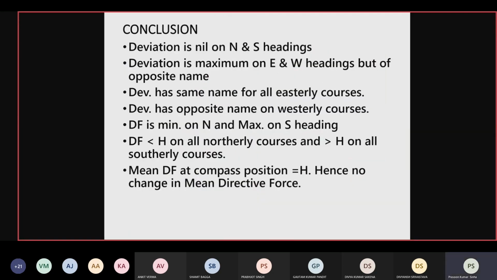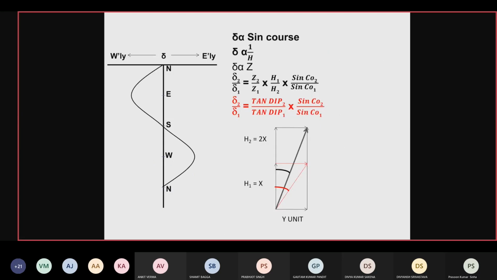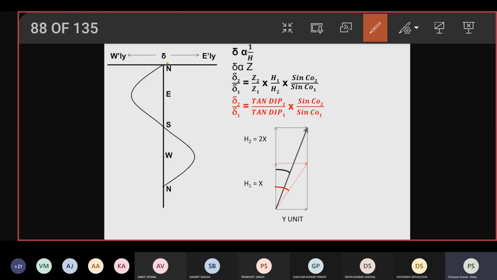The conclusions are similar and understanding is also similar, but again here we see that the headings are changing. Of course it is westerly or easterly, but again it is following the sine curve. Sine 0 पे 0 course पे 0 deviation, 90 पे maximum. पहले ईस्टर्ली था, वेस्टर्ली हो गया. पहले वाला जो कर्व था that was like this.